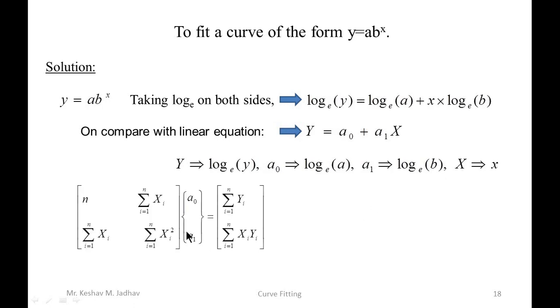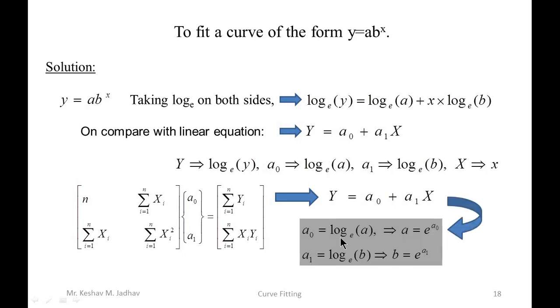Then by solving this matrix, we will get a0 and a1, and to get values of small a and small b, we can use these relations, and here by using this relation we can take exponential on both sides, and we will get a is equal to e raised to a0 and b is equal to e raised to a1.